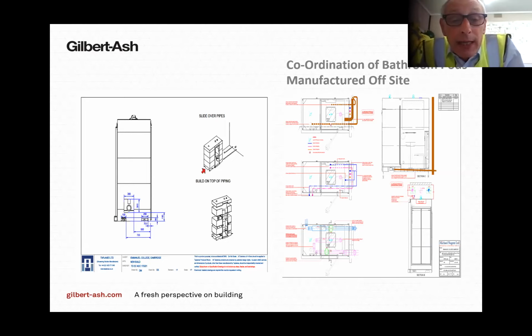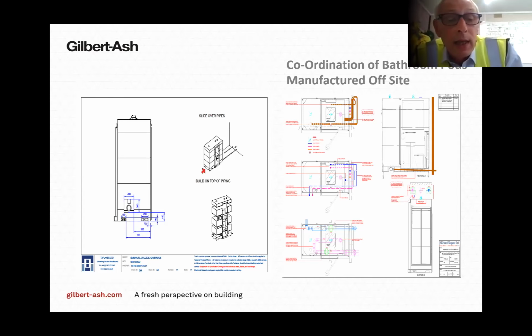We can see they come sectionalized and they're built up, just down that little bottom sketch in the right-hand corner of their drawing. We can see how it's built on top of the piping and how the M&E coordination goes in there. And we can see to the right, that is the M&E package drawings, and how we've coordinated all those things.